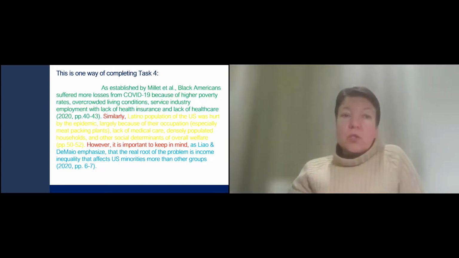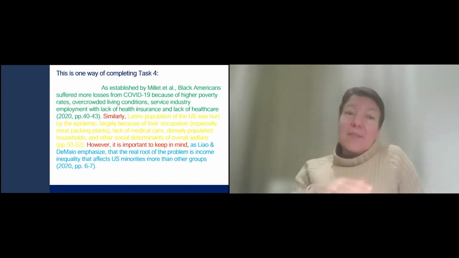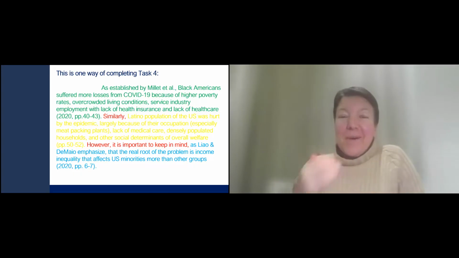It's actually social, it's poverty, it's income inequality. That's the real reason for those higher rates among those studied populations. That's why I put however. However, it's important to keep in mind, as Lau and DiMaio emphasize, that the real root of the problem is income inequality that affects US minorities more than other groups. Here I have the year and pages, okay?